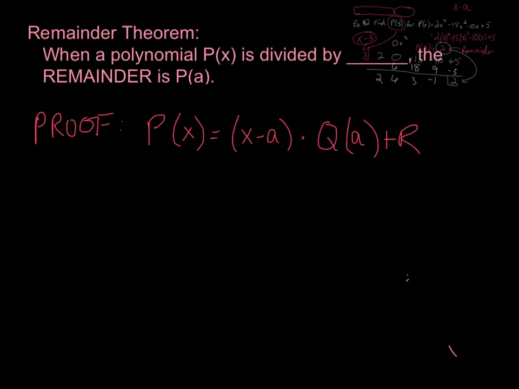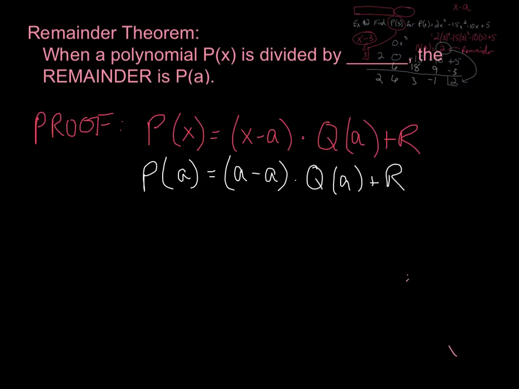Well, I want you to do this for p of a. P of a. That means everywhere you see an x, you put an a. Alright, well, wait a minute. A minus a is just 0.